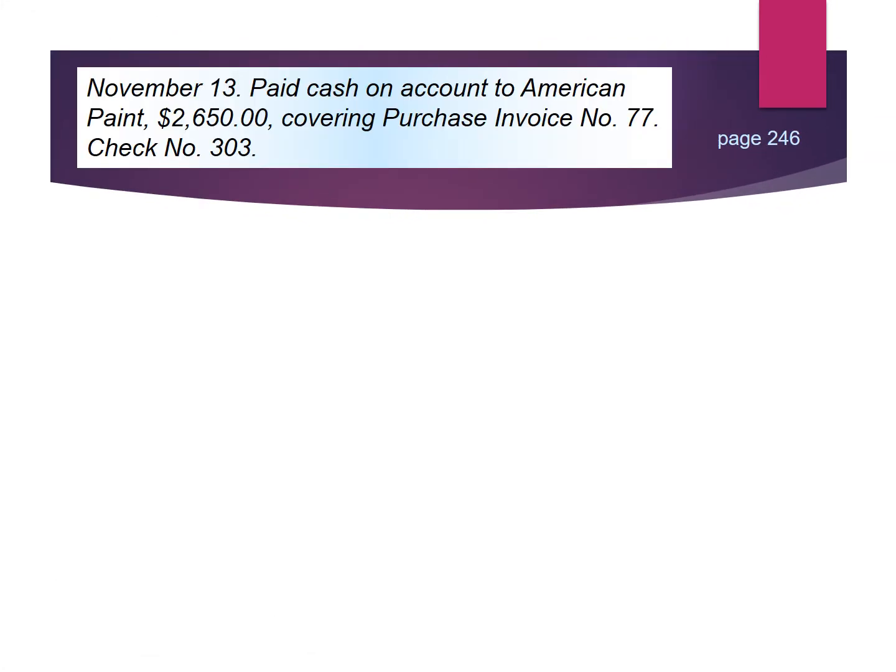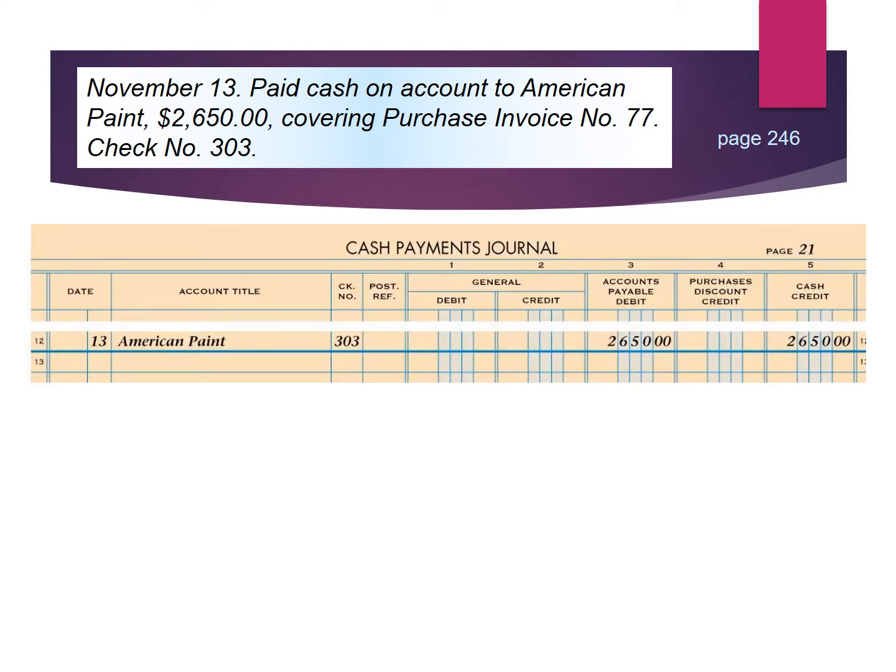November 13th, we paid cash on account to American Paint $2,650, covering purchase invoice number 77, check number 303. So, we know that we have a check, so that indicates that we will use our cash payments journal.